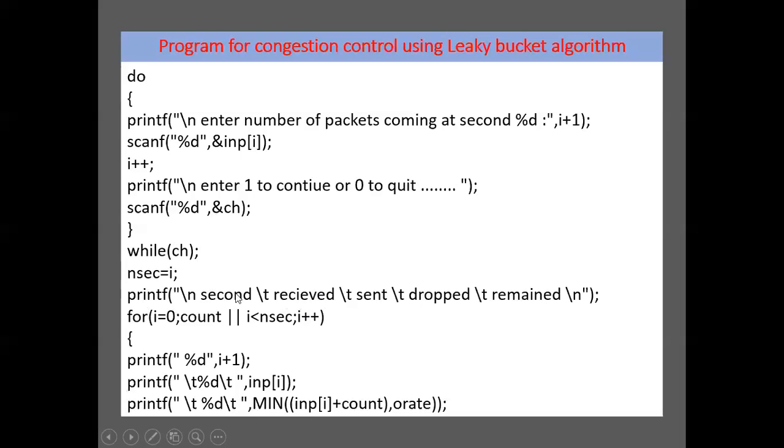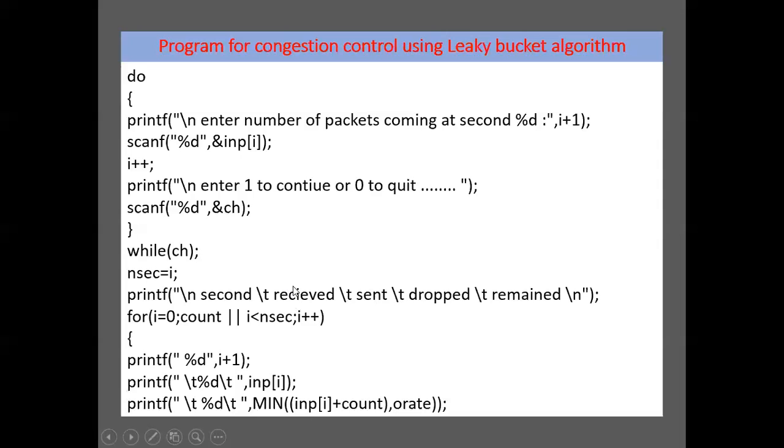Assume that for the first second, we need to mention here how many packets we received. Assume that for the first second the received packet is 3, then the sent packet, the output rate, should be the same here. Whatever O rate we mention, it will keep on sending that number of packets to the output network.